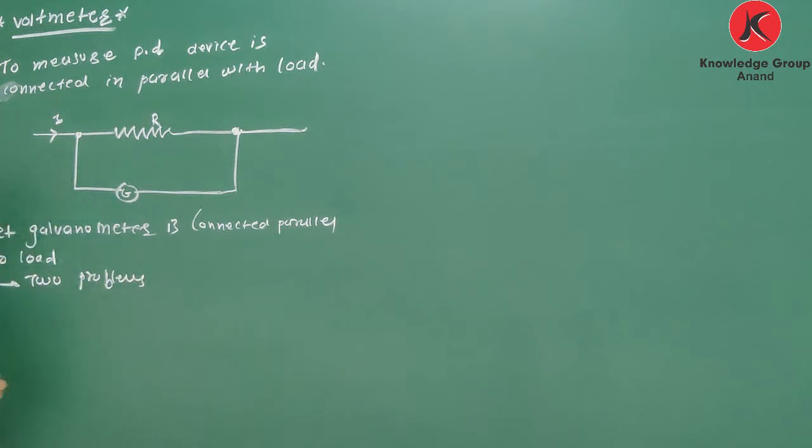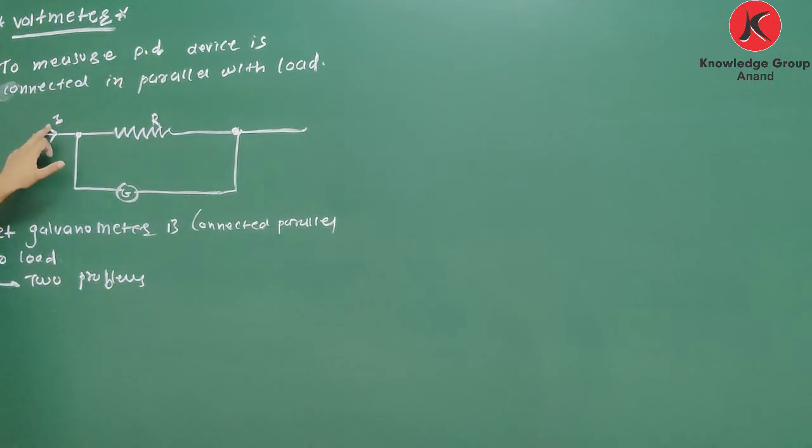Clear about this? Now, how to solve these two problems? Through this galvanometer, only Ig current must flow. Then how is it possible? Okay, two problems are there. First, the resistance changes. See, R and G are in parallel connection, so obviously the equivalent resistance changes. Yes or no? Yes, it is.